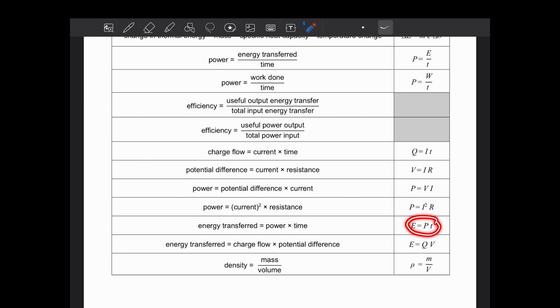Oh, there too. Really, this one and this one are the same. Now, with all those equations, it's important to know which one to choose. So we are going to go ahead and try the 2 most common ones. Power equals energy over time and power equals voltage times current.